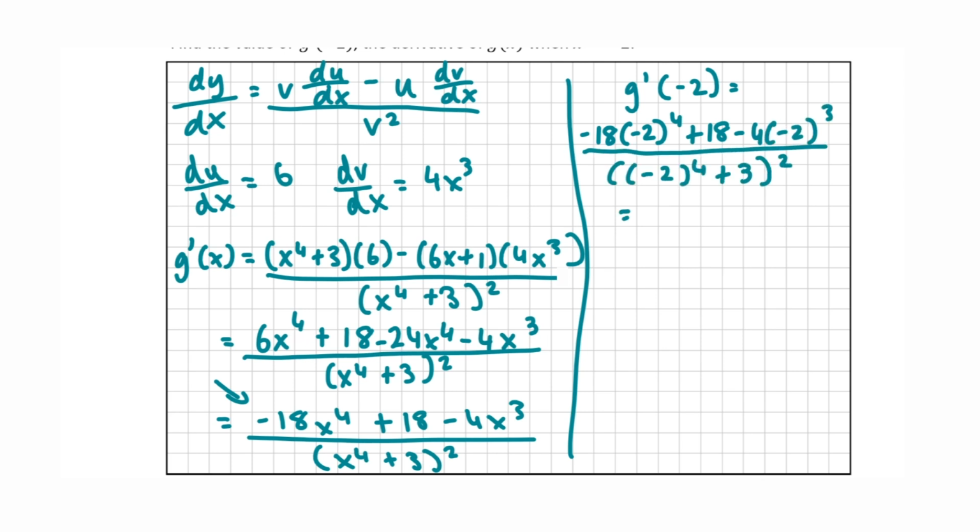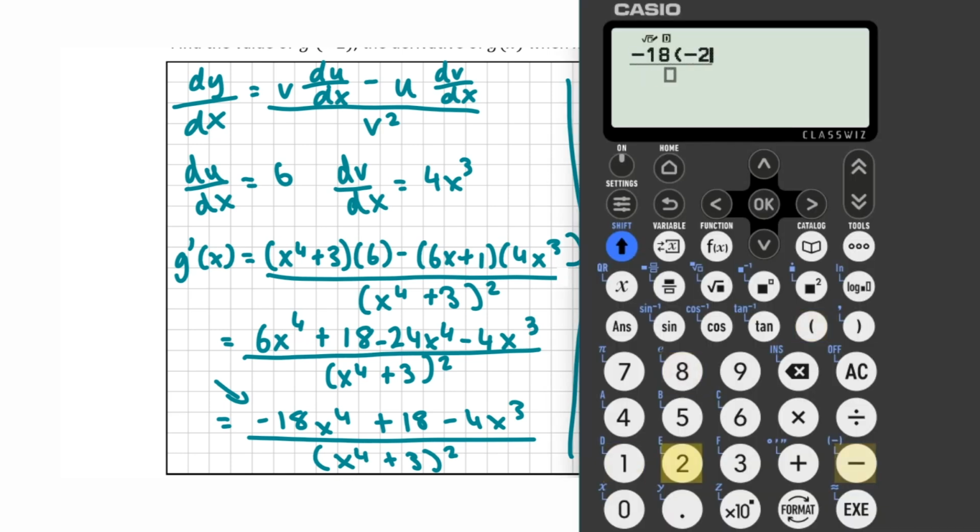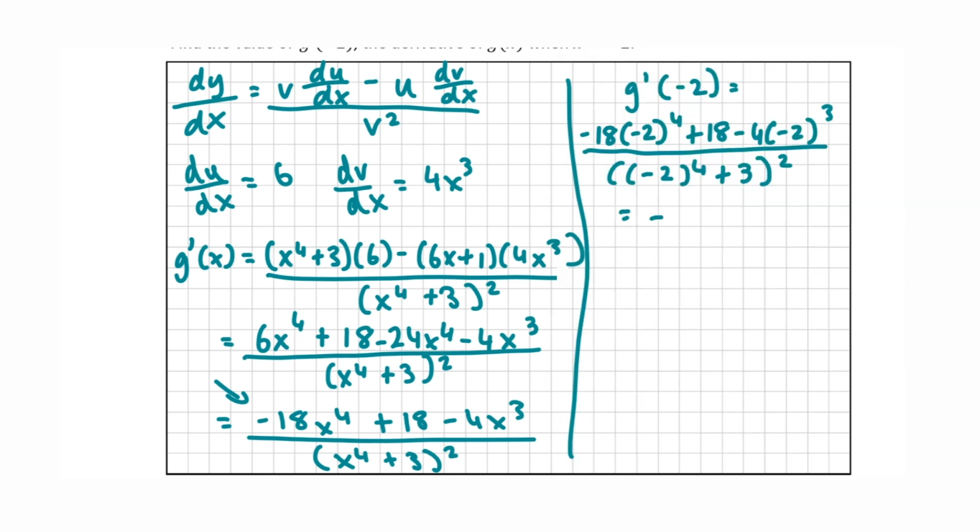So now all I'm going to do is put this entire fraction into my calculator, and we should get our answer. So putting that all into the calculator, we should get an answer of minus 238 all over 361.